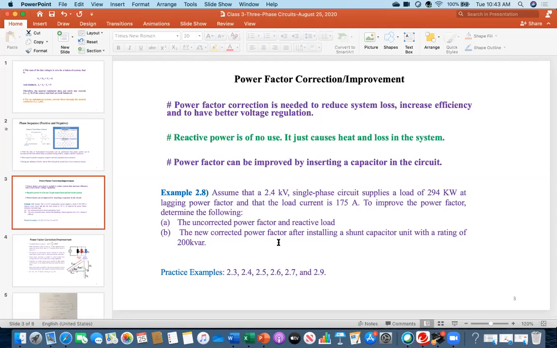And then we have to correct it. So what should be the new corrected power factor? As we discussed, a capacitor can improve the power factor. Assume that we have installed a shunt capacitor and the capacitor rating is 200 kilowatt, meaning its reactive power. Then what? Therefore, everybody look at the solution.